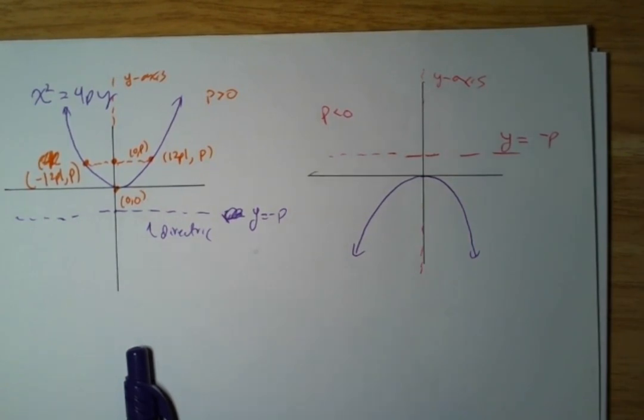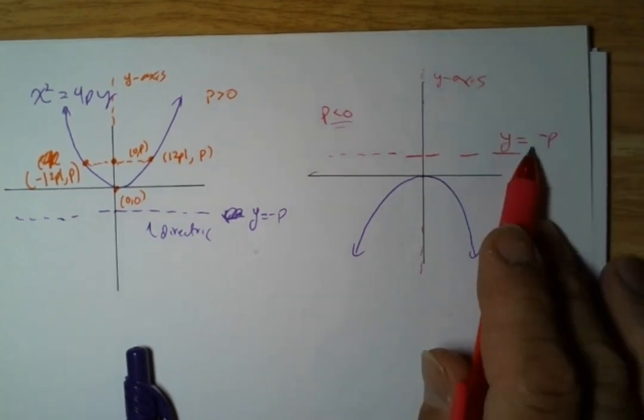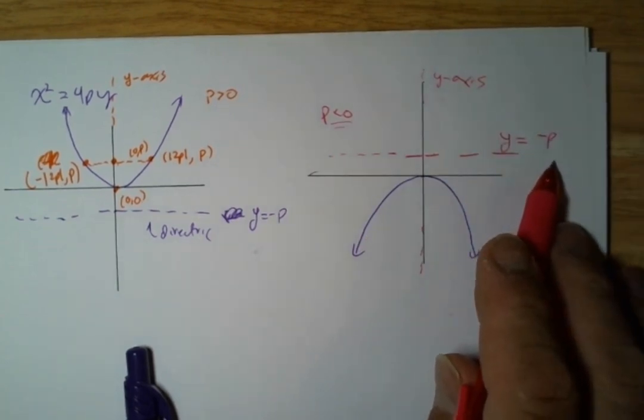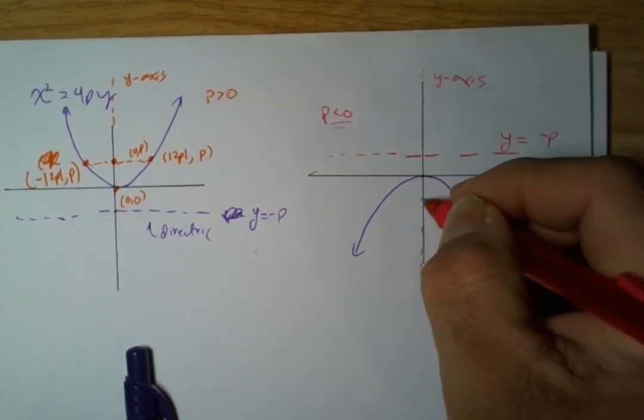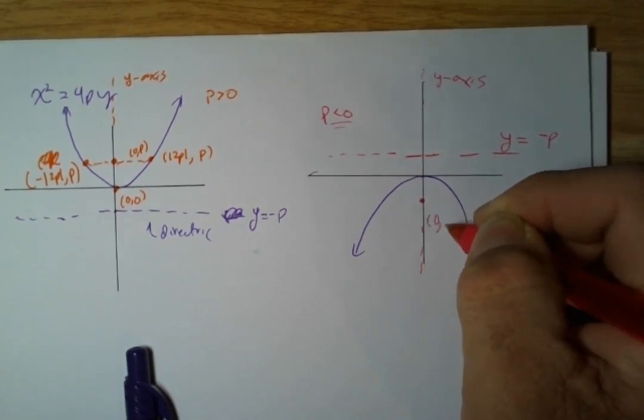Again, this is still a positive value, since p is less than 0, and negative and negative is a positive. And our focus is 0, comma p.